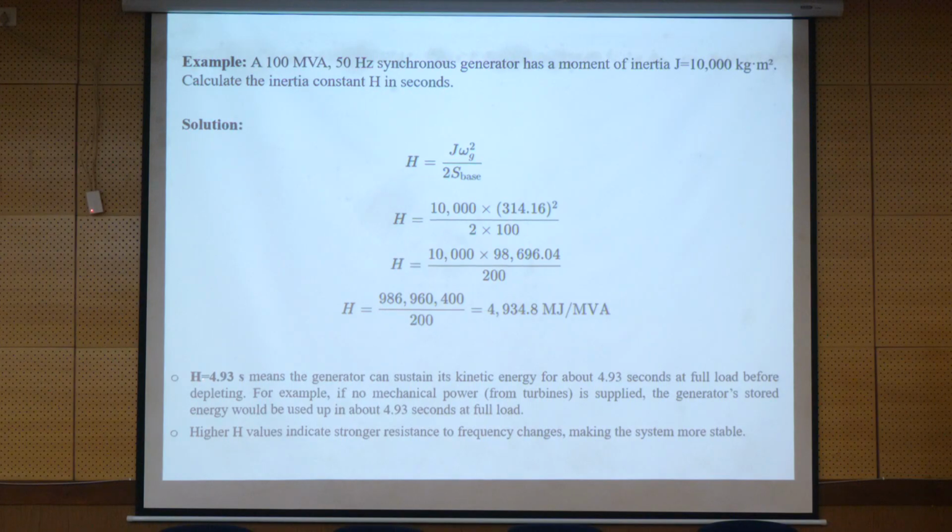So H equal to 4.93 means that the generator can sustain its kinetic energy for about 4.93 seconds at full load before depleting. So if something happens, you can still continue for that time. It means that the governor has 4.93 seconds to return the system to a stable operating condition.